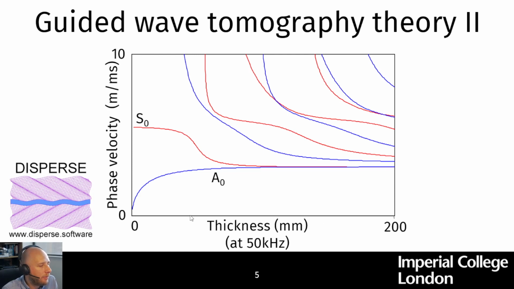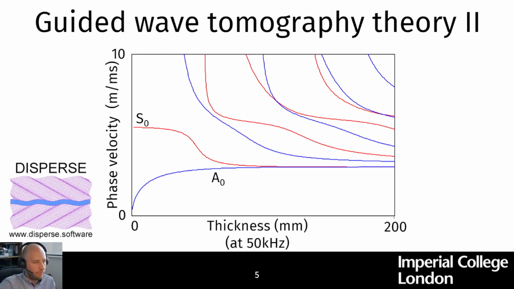For guided wave tomography, what we do is we pick a particular frequency. In this case, we're just happy to pick 50 kilohertz, which is one commonly chosen option, and through some method that I'll get on to discussing in due course, we can reconstruct a map of velocity from our measurements.